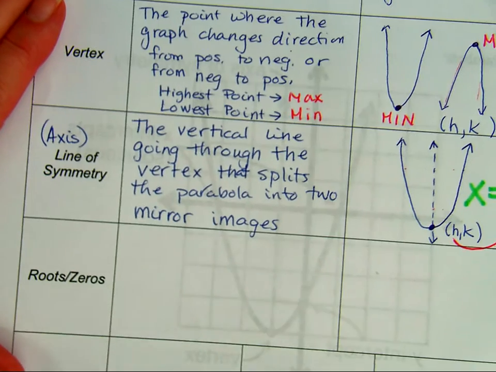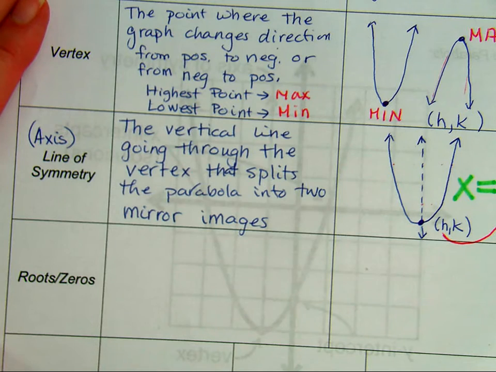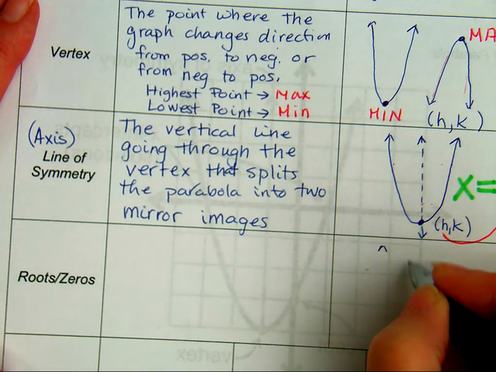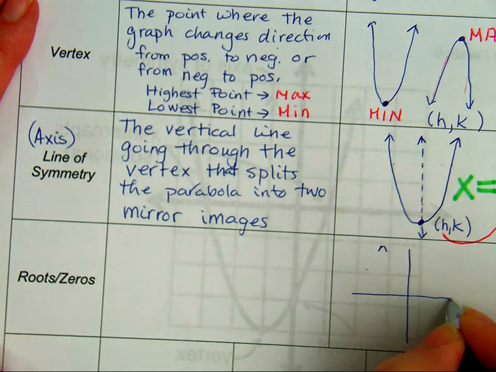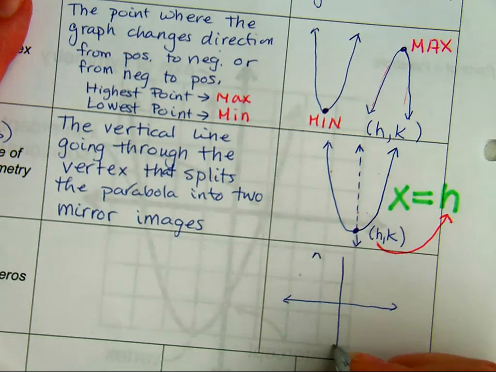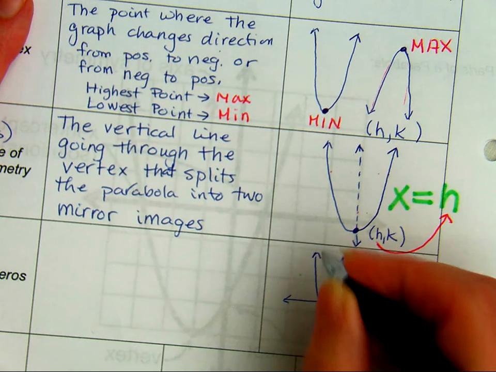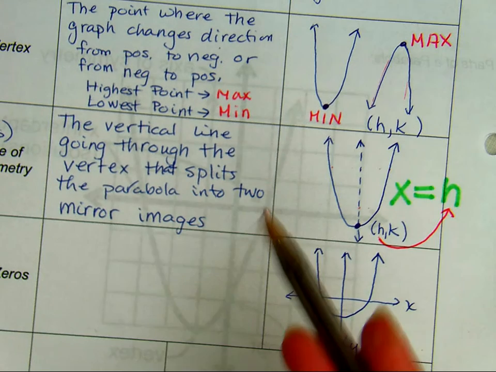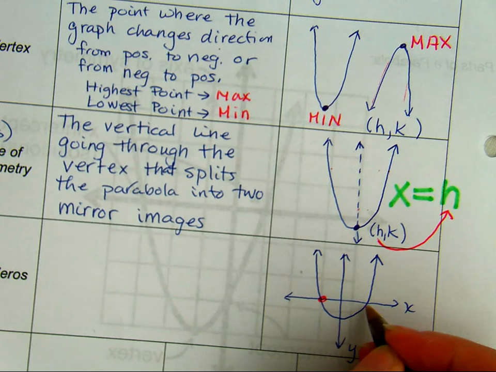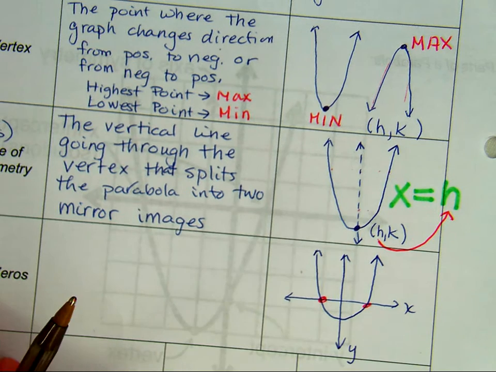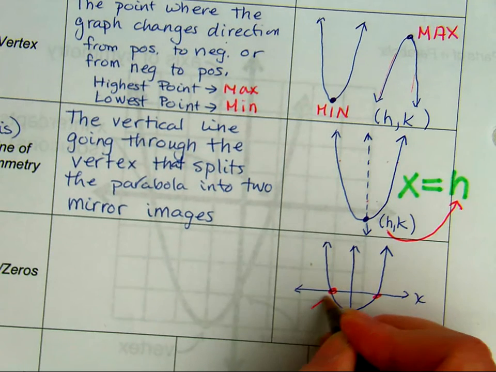Let's go to roots and zeros. So let me put the x and y axes on here. Now the parabola is going to scoop down and then back up. And these 2 points where it crosses the x-axis are what we call the roots, or the zeros.